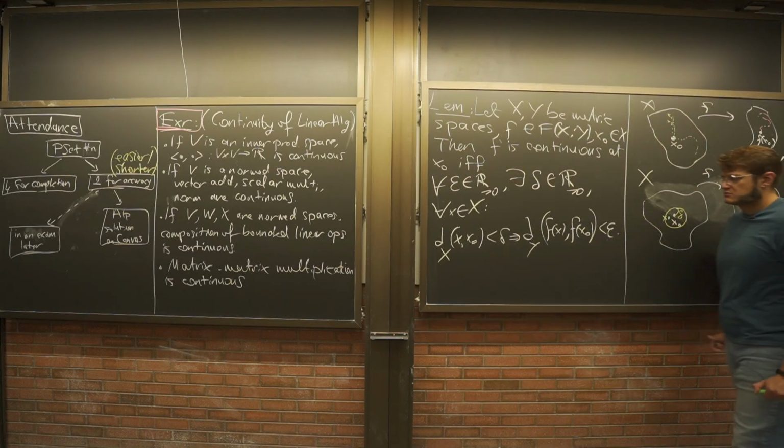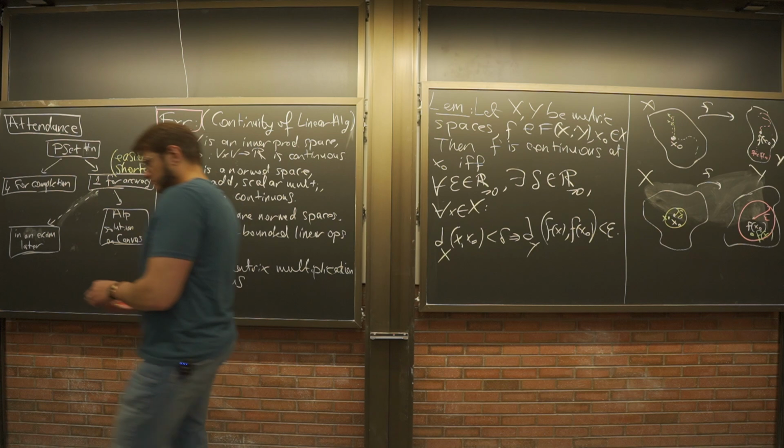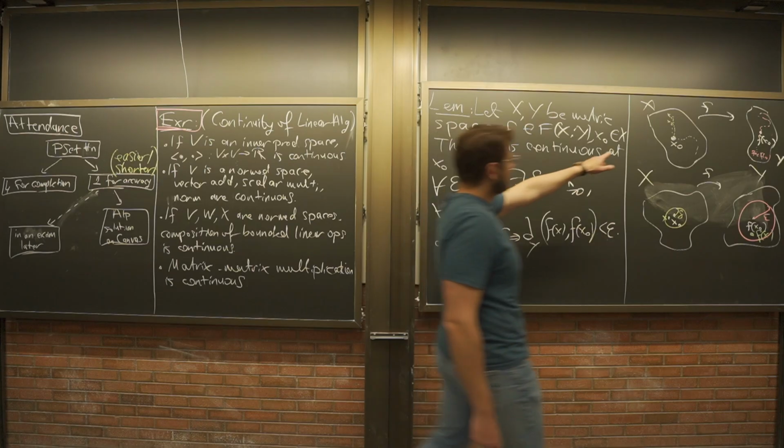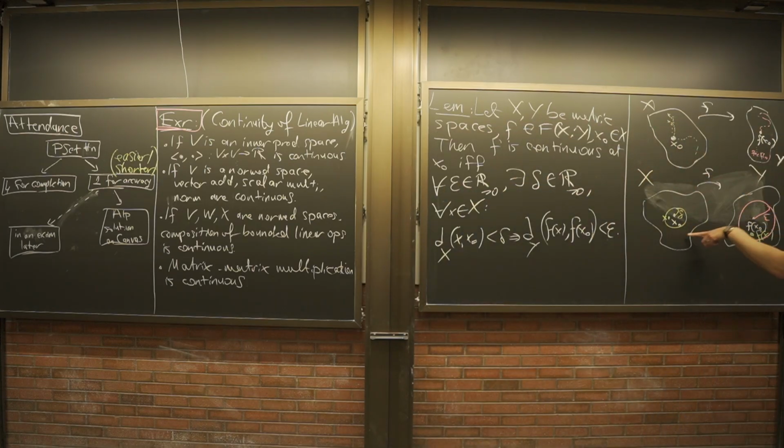Okay. This is the idea. So depending on the situation, sometimes using sequences is easier. Sometimes using the epsilon delta is easier. That depends on the context.